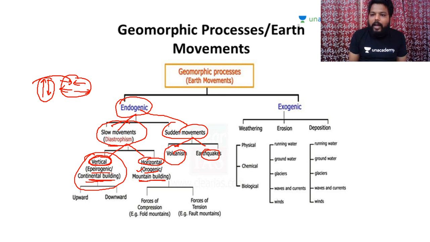If you have a land surface and a vertical epirogenic movement is acting on it, we would have upliftment of land. Or if you have a vertical downward movement, we would have subsidence of land. Either upliftment or subsidence of land.